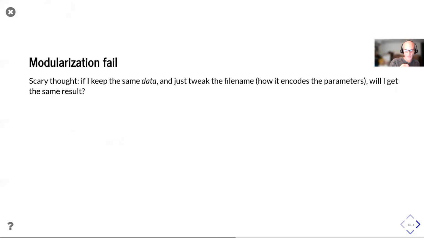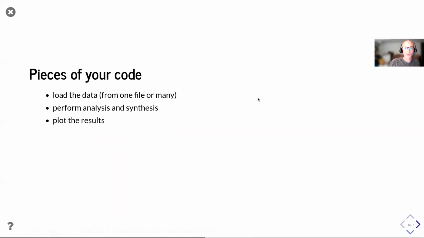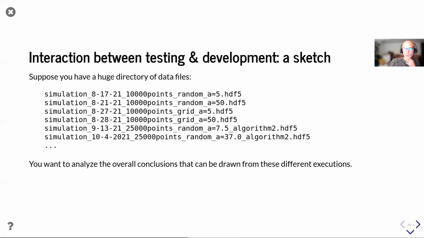Would I get a different answer? An example of that might be, you may notice if you look back at some of these file names, my early file names for this A parameter here, they all happen to be integers right before the file extension. Then at a certain point, I started testing fractional values here. And so now this needs to be a floating point number.